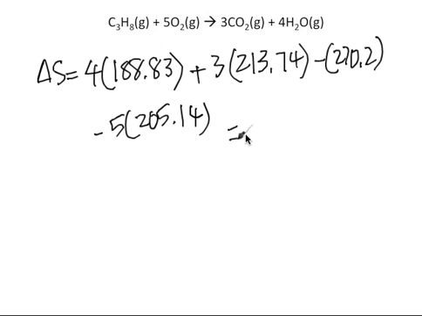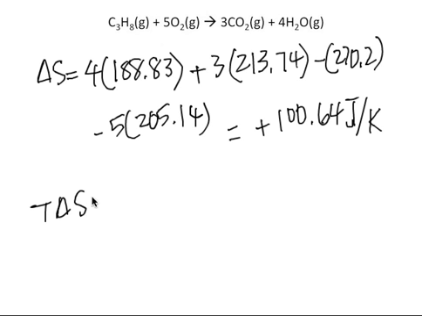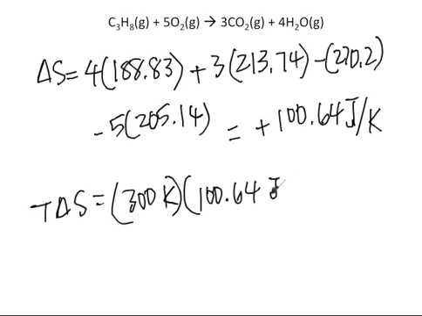So this will give us about plus 100.64 joules per Kelvin. So we want to multiply this by 300 Kelvin, right, to get T delta S. This gives us about 31 kilojoules.